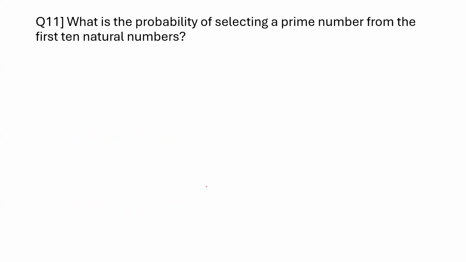Next, what is the probability of selecting a prime number from the first 10 natural numbers? I hope you all are familiar with prime numbers. Prime numbers are the ones which divide only by 1 and itself. Some examples are 1, 3, 5, 7.